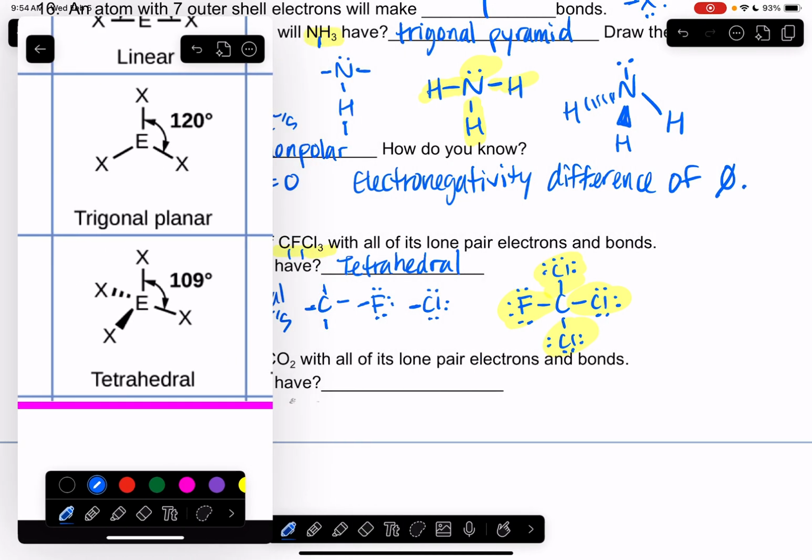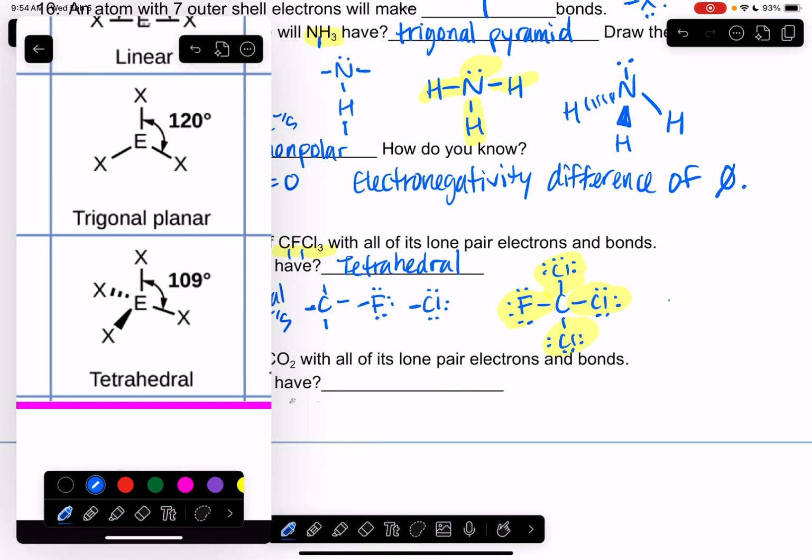So when I redraw this, I'm going to have my wedge, my dash line, and then my wedge, and then just a regular bond and a regular bond. That's how I draw my 3D structure.